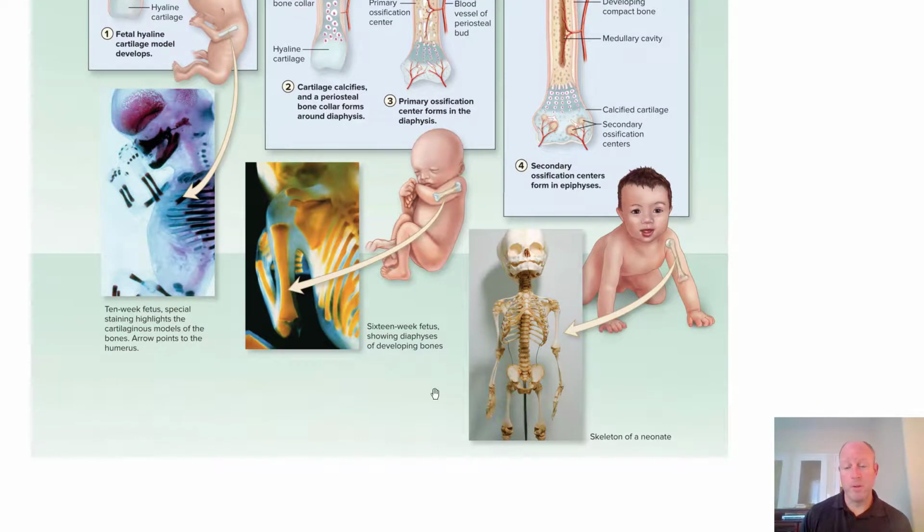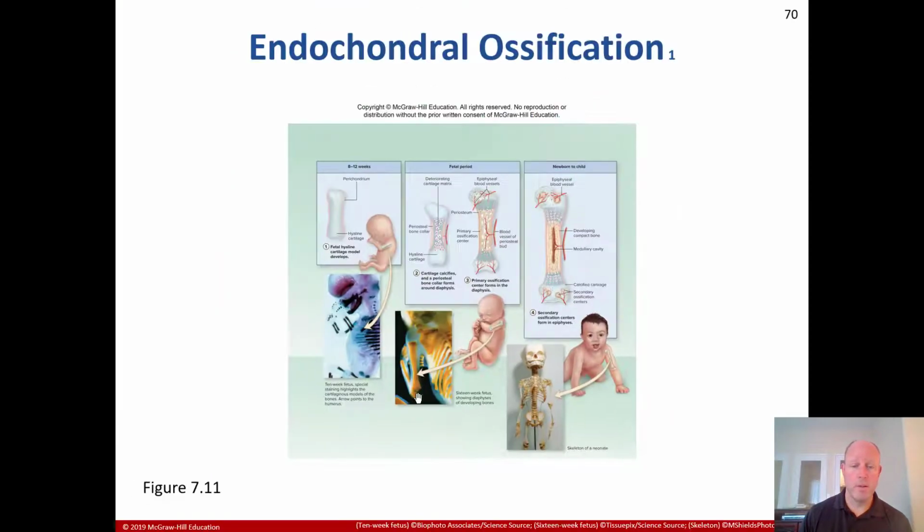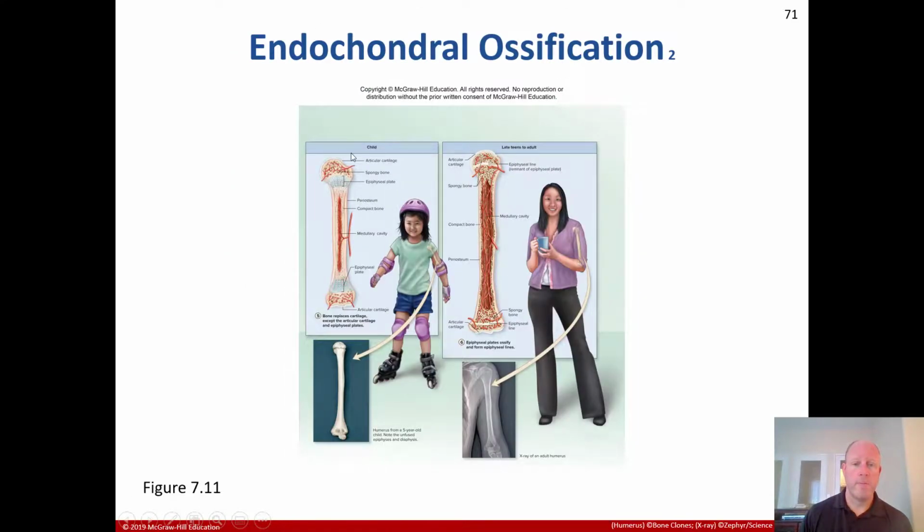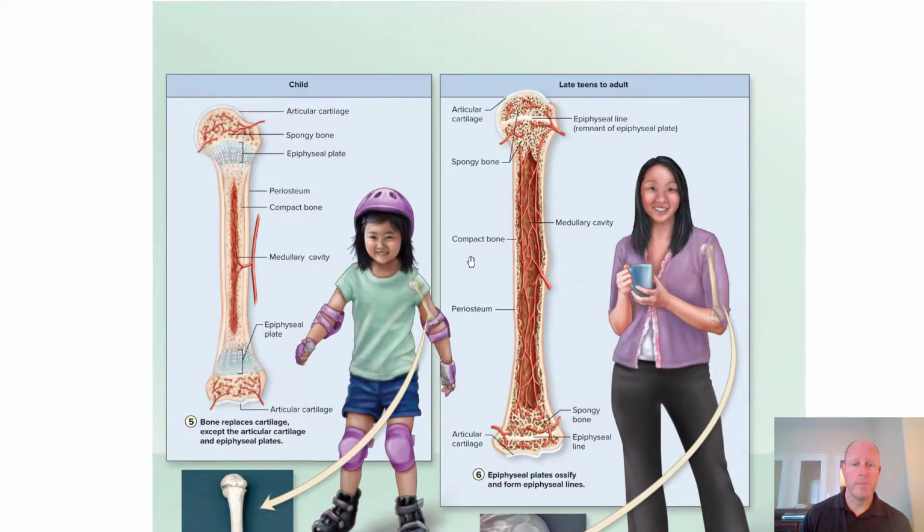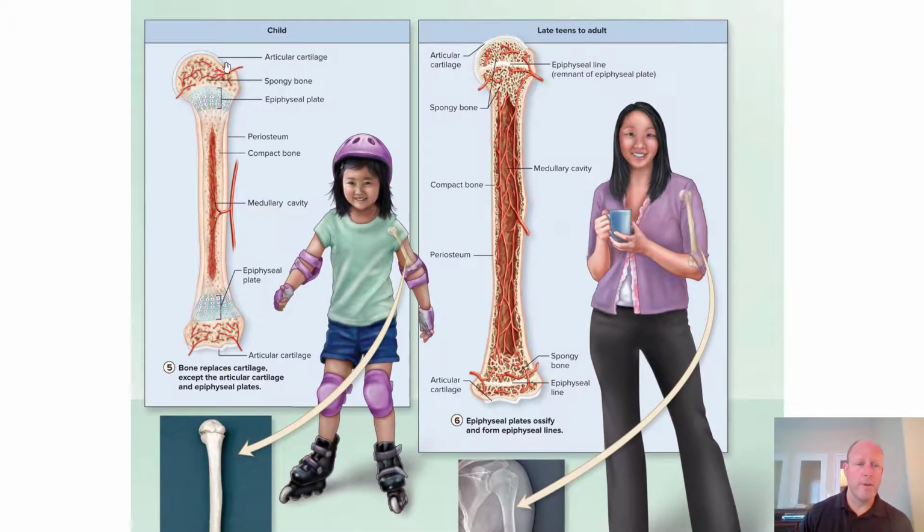Here you can see a skeleton of a neonate. In the child, we have the articular cartilage, of course, on the outer portion at the proximal and distal ends, and the spongy bone here, and the epiphyseal plate, again the growth plate.